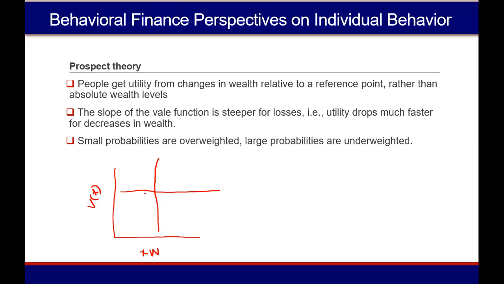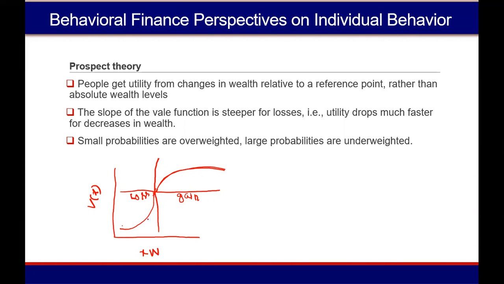It has been mentioned that the individual's utility, or value, here we are calling it the value function, looks concave in the gain horizon. Think of this as the gain horizon, and this as the loss horizon. In the gain horizon, the individual has a concave value function, and in the loss horizon, a convex value function.